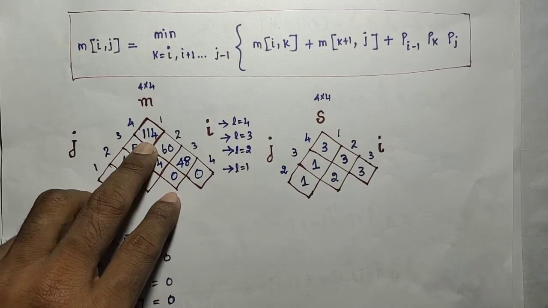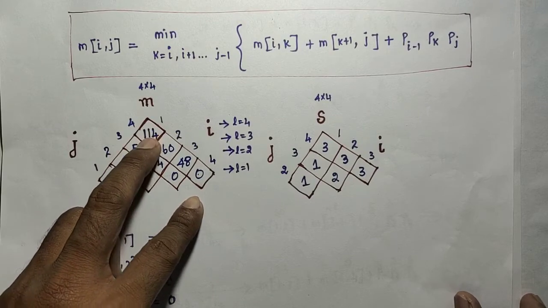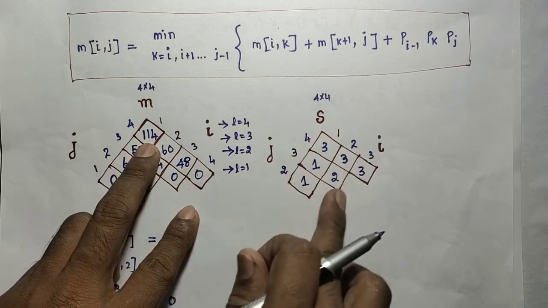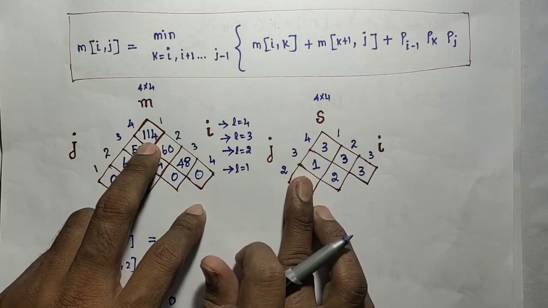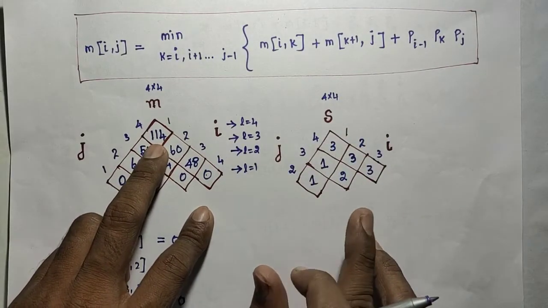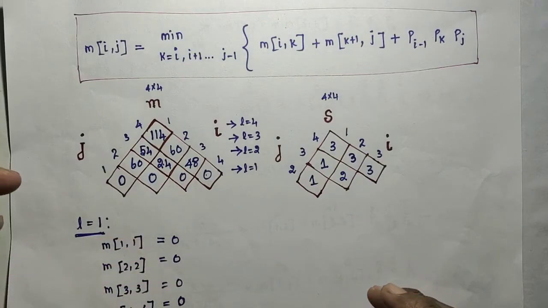The algorithm we explained will find the minimum number of multiplications, and the corresponding split details are stored in the split table S. By using that S table, we can print the matrix expression in the fully parenthesized format. For that we are going to write another algorithm, print a matrix, which will print the corresponding order.